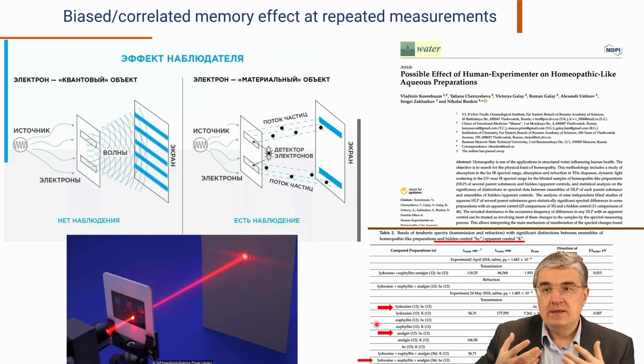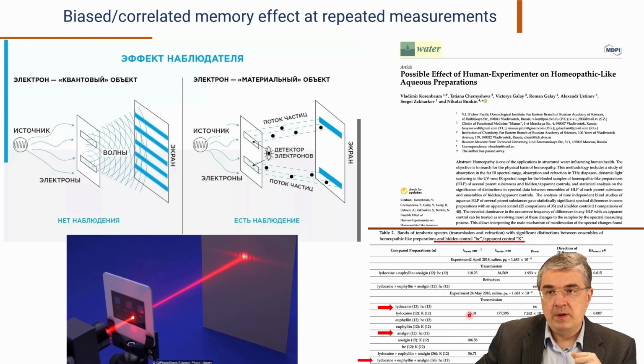So the point here is that the human experimenter has a specific expectation about this difference, and indeed in all experiments there is a difference between experiment and control, so it seems that the experiment was positive. But the hidden control does not demonstrate any significant difference from the experiment.